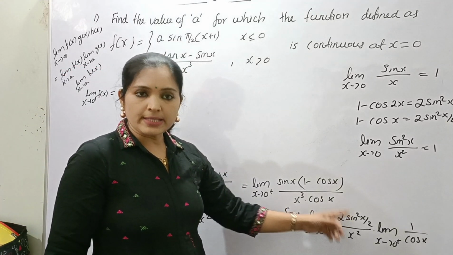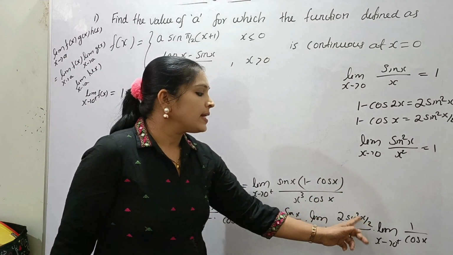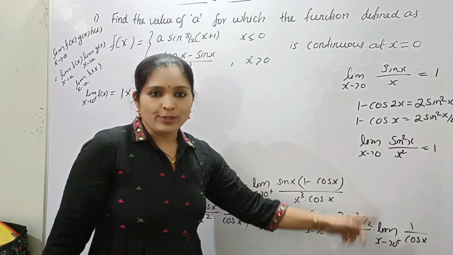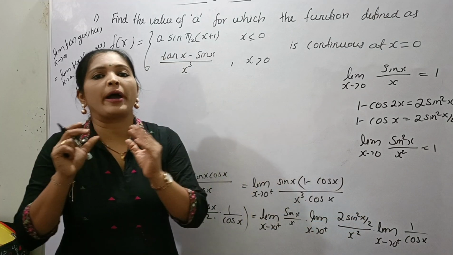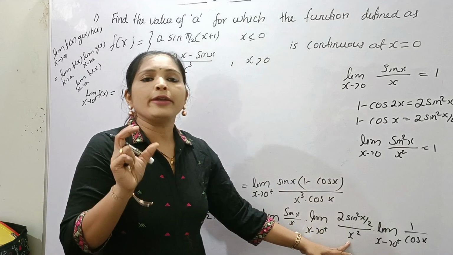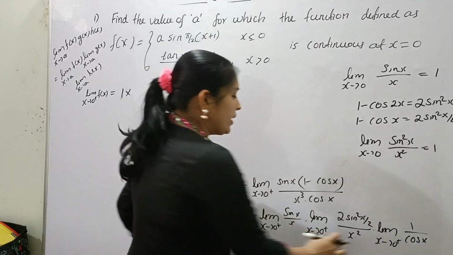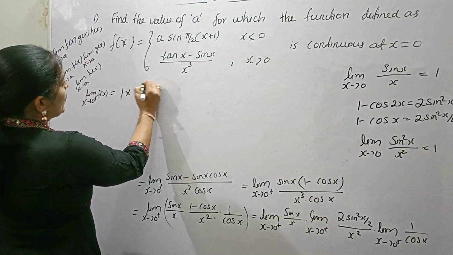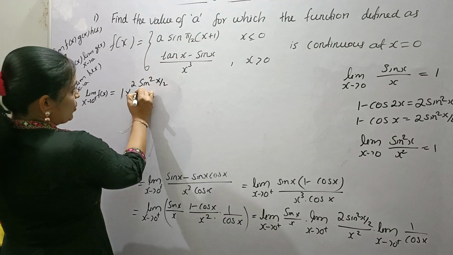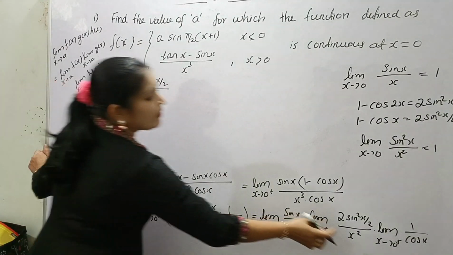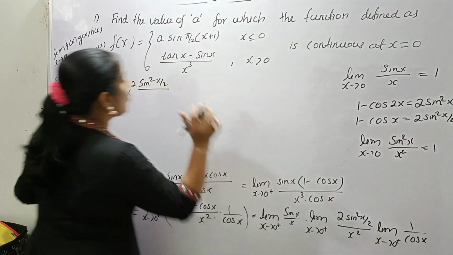So here it is sin square and it is not x by 2. So here we have to make in the denominator x by 2, so x by 2 whole square. So here we will multiply. 2 sin square x by 2 divided by, we will make it x by 2 whole square.